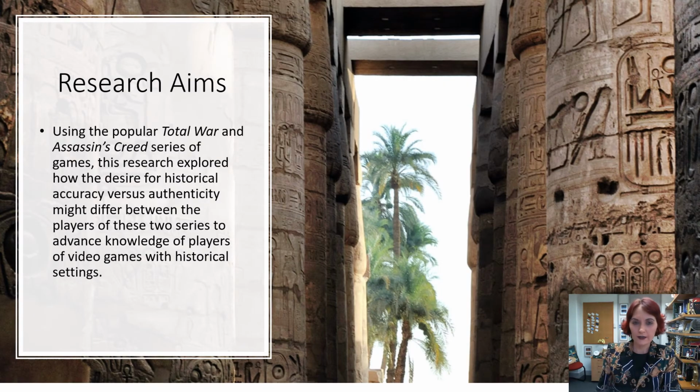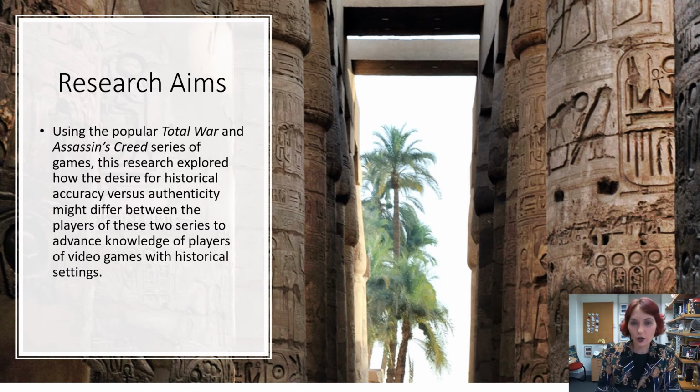So what was our aim with our research? Well, to advance knowledge of players of video games with historical settings and these players' valuation and value of the accurate representation of history in these games, our research used the popular Assassin's Creed and Total War series of games to explore how this desire for accuracy versus authenticity might differ or compare between the player bases of these two games.